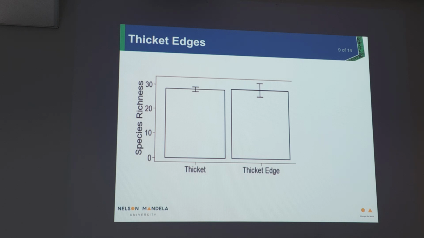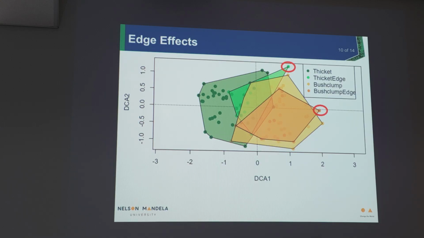And I think everybody will agree that there's no significant difference there. Notice also the species richness, a little bit higher than the bush clumps. We did this at Addo, Shamwari, and Grassroots, the same 3 sites. So there's reasonably good evidence that there's not much, if any, edge effect in thicket.